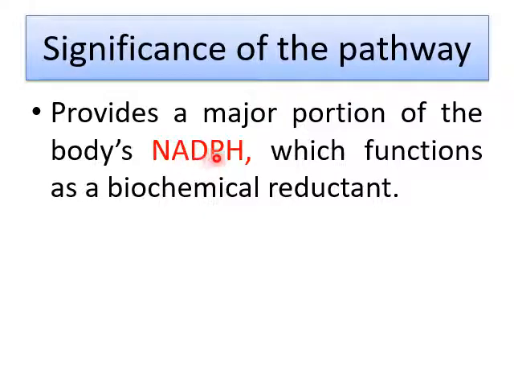This NADPH in its reduced form has hydrogens or protons, and it can give away its hydrogens and protons to the compound that needs to be reduced, and then it itself becomes oxidized. So this is the very first significance of this pathway, that we can get NADPH from this.